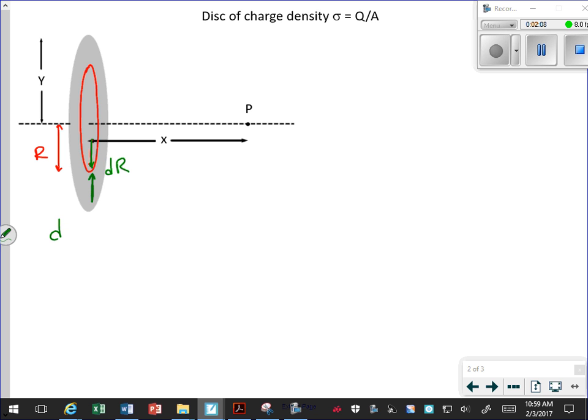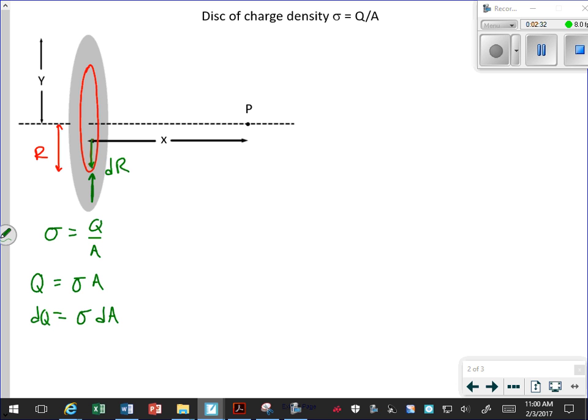If I say that this whole disk has an area charge density, charge per unit area, then the charge of any area is sigma times A. The tiny little charge of a tiny little area is sigma times that area.